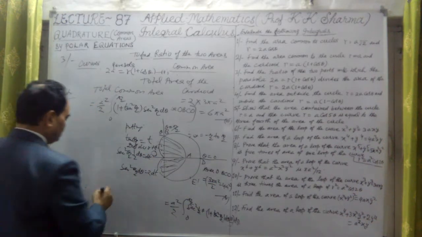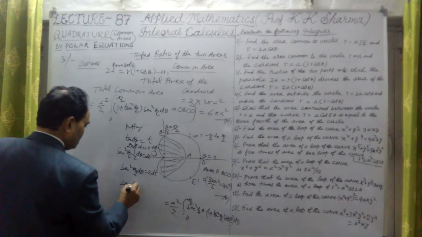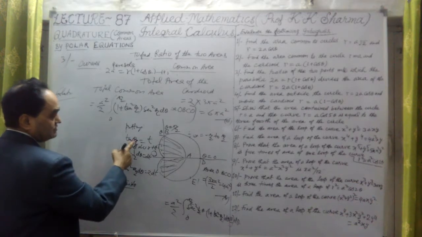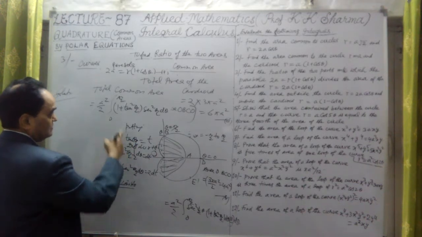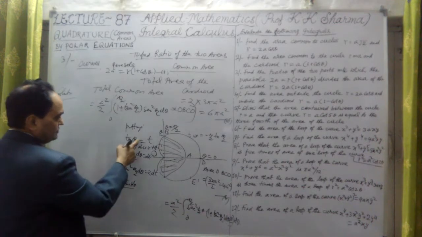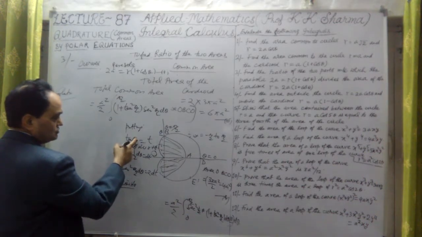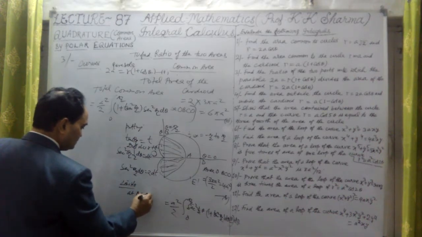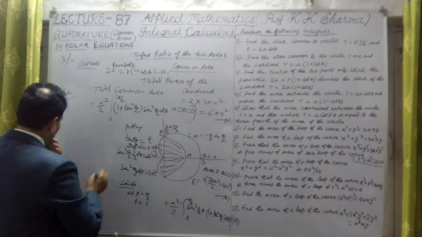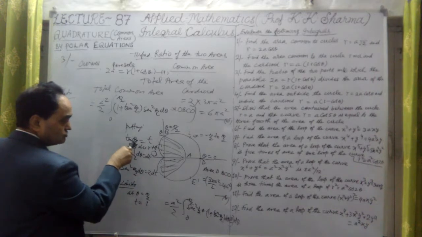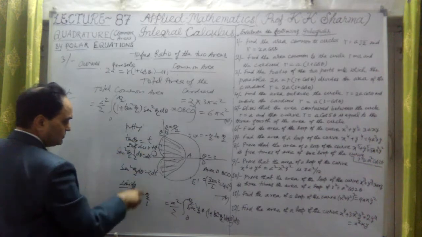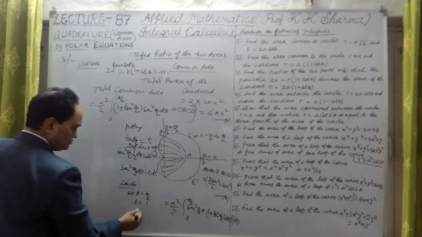Okay, and what are the limits here? This is tan theta by 2. Try to understand. At theta equal to pi by 2, theta by 2 is pi by 4, and tan pi by 4 is 1, so t is equal to 1.